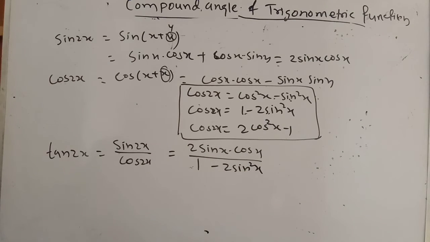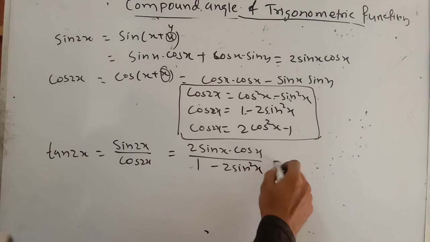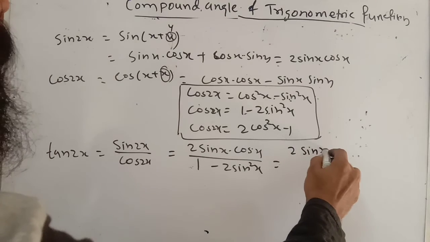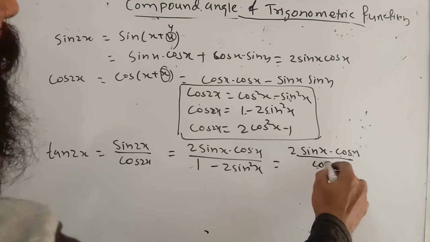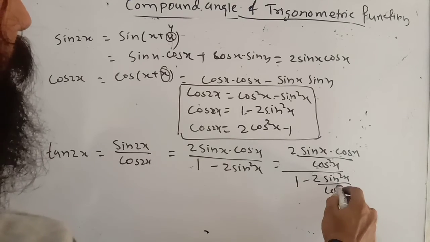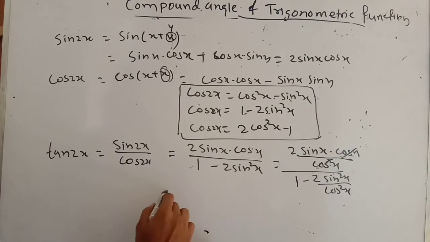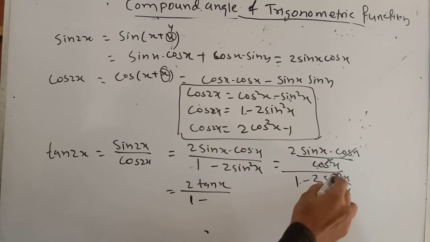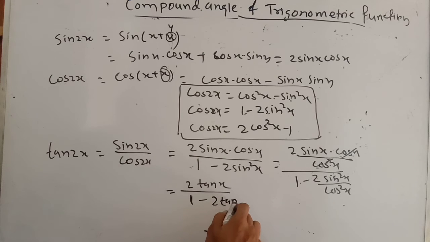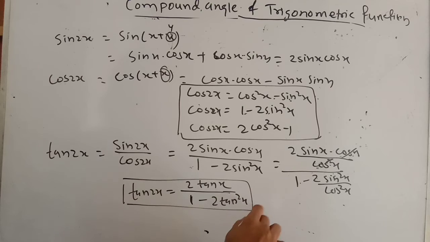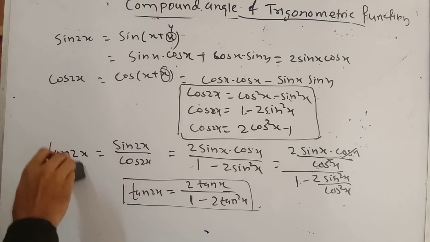Now divide by cos square x: the numerator gives 2 tan x, and the denominator gives 1 minus 2 sin square x over cos square x, which is 1 minus tan square x. So this is tan 2x.